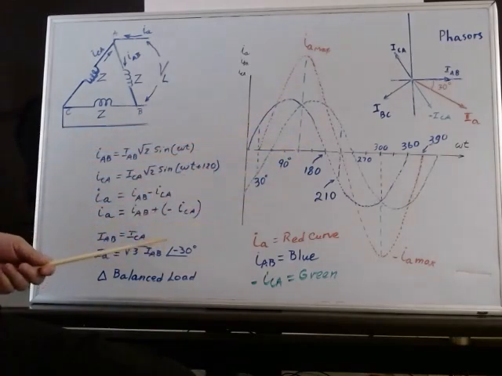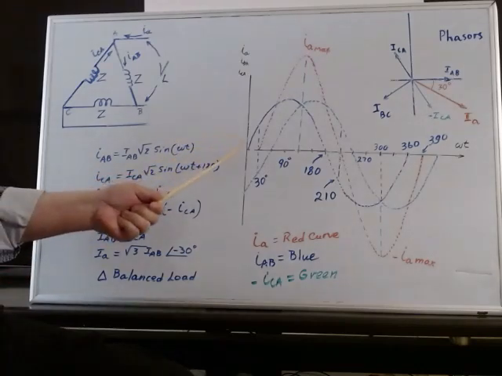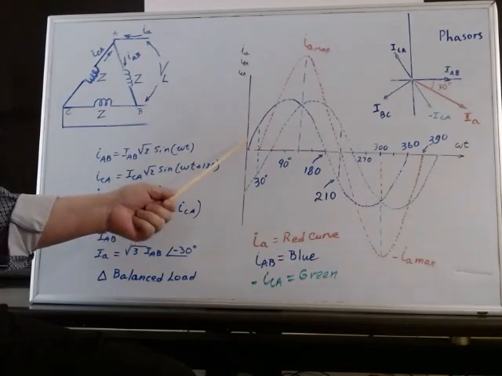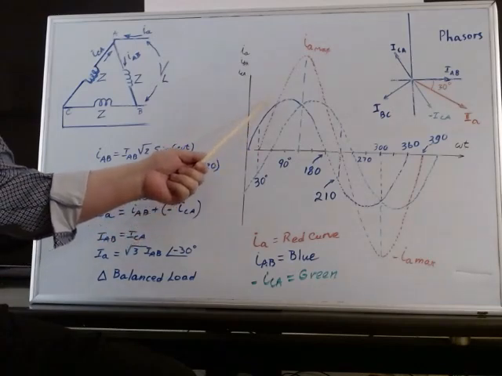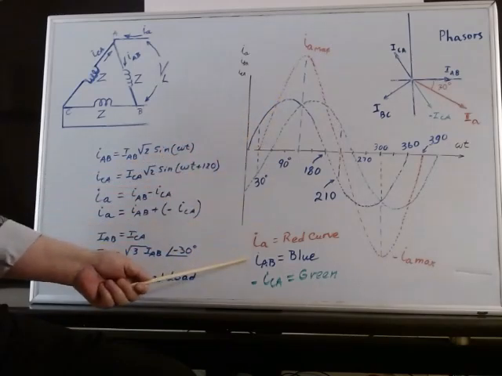Now, let's represent these three currents graphically. Number one, you have the current in blue for IAB.